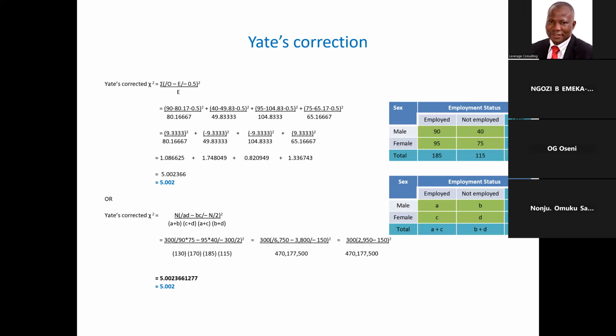You know that if you say 5 minus 2, it gives you 3. Minus 1, it will give you 2.